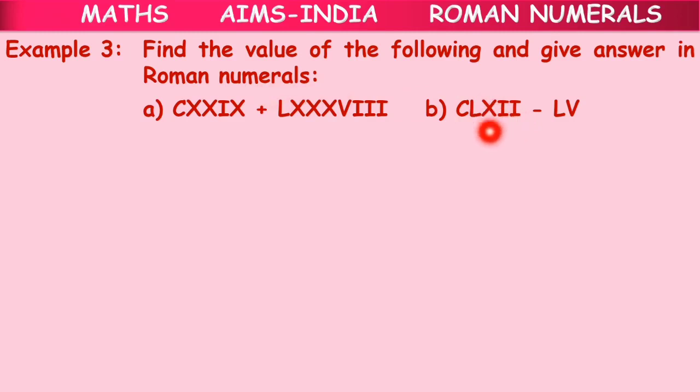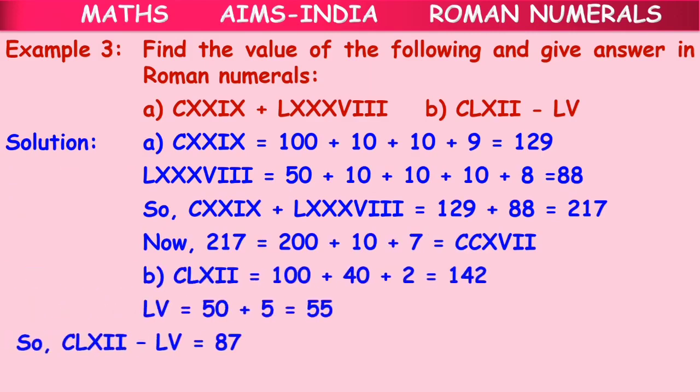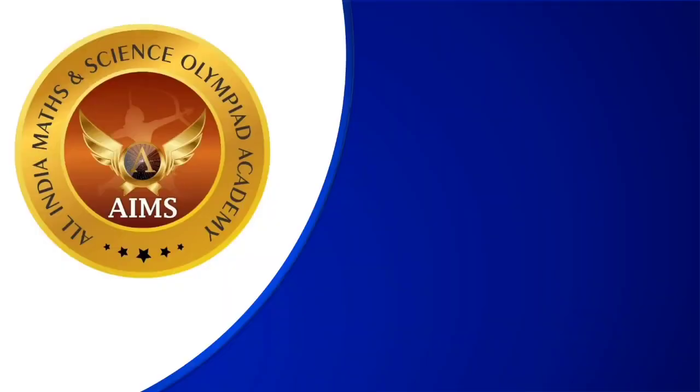And in the second question, the same way, convert the Roman numerals into Indo-Arabic numerals, then subtract them and also write the answer in Roman numerals. Okay, children? Try solving these two problems. The solution is displayed here, but be honest, children, and try solving this, and you can check your answer with the answer given here in the video.